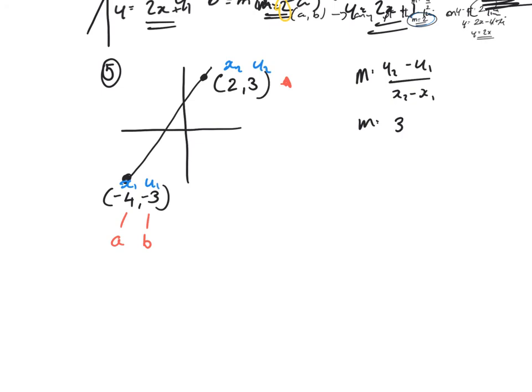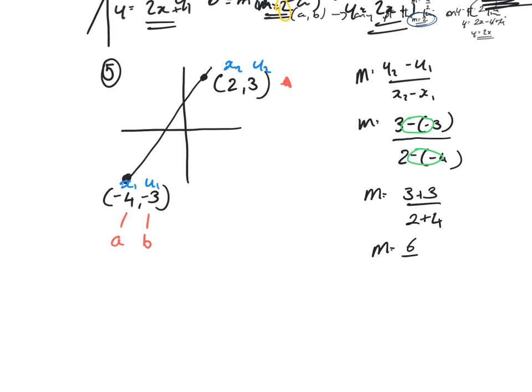Okay, so it's 3 minus minus 3 over 2 minus minus 4. Two negatives flushed together become a plus, so that's 3 plus 3 over 2 plus 4. 3 plus 3 is 6, 2 plus 4 is 6, 6 divided by 6, and that is 1.